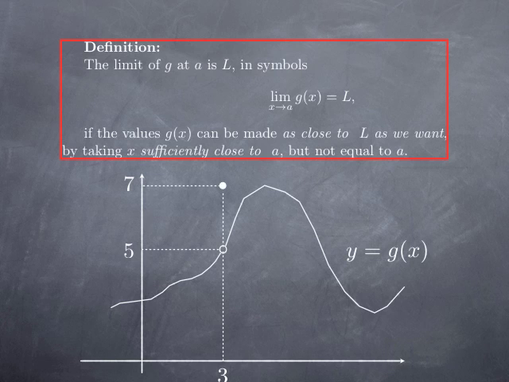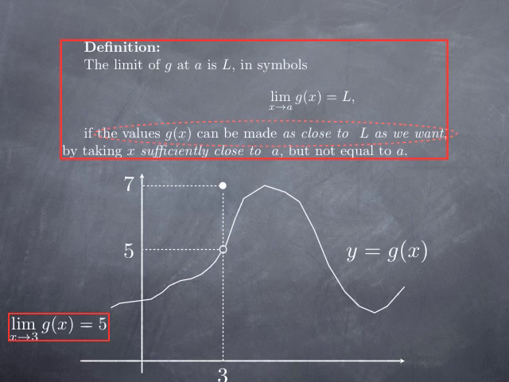Let's get back to our graph and let's try to interpret this definition for this function where the limit when x is approaching 3 is 5. So what does that mean? That the values g of x can be made as close to L as we want. Let's say for instance we want the values g of x to be within 0.5 of the limit 5.